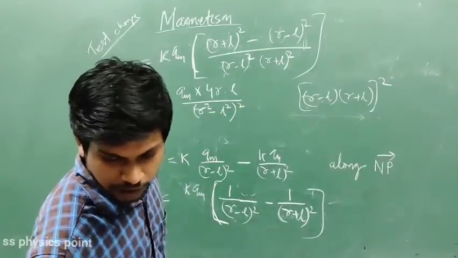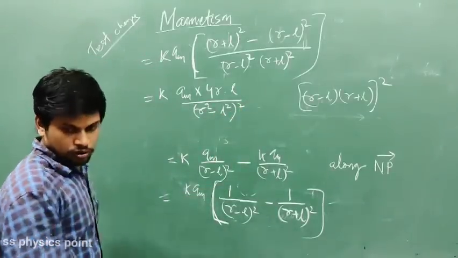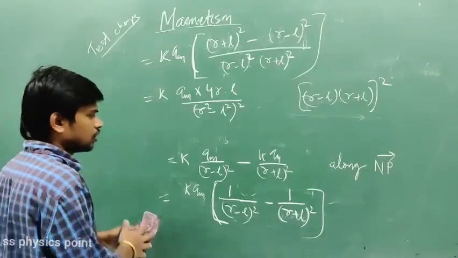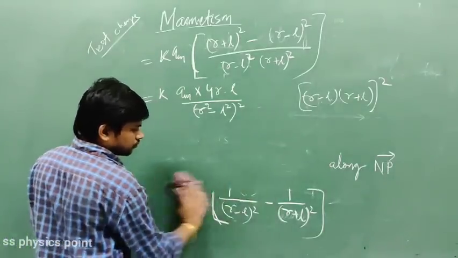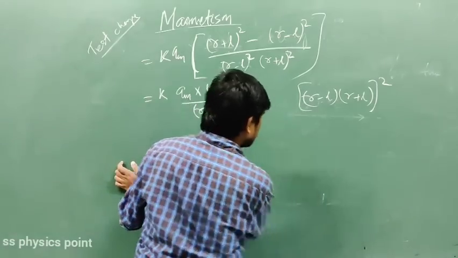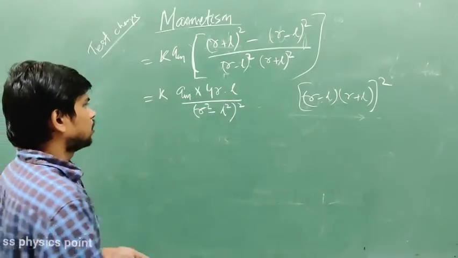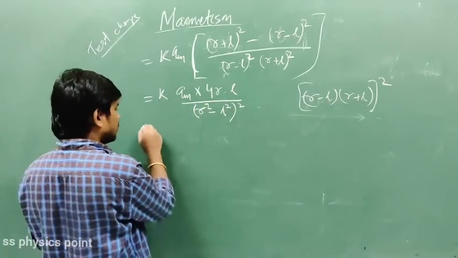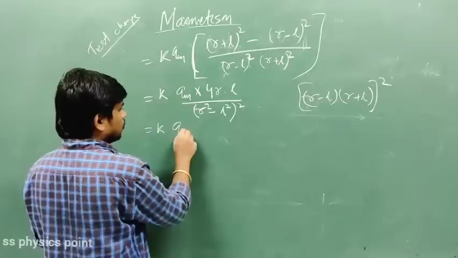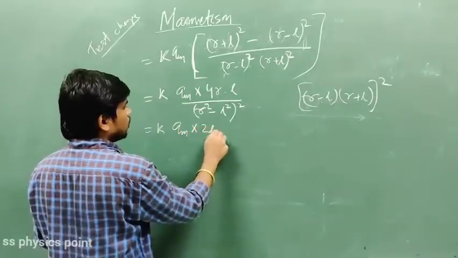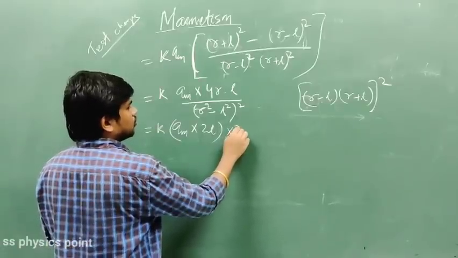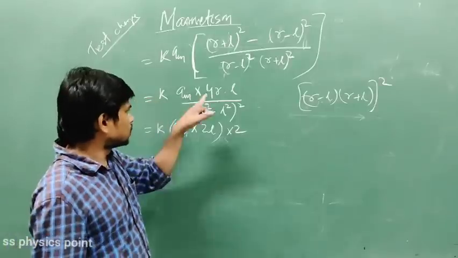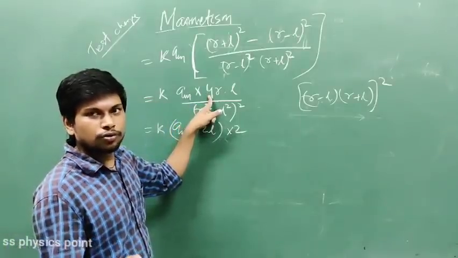This is simple mathematics. Then this one I am remaking. See here carefully. I am erasing this one. See here, this 4 you can divide. So K Qm into 2L into 2. Here this 4 I am dividing as 2 into 2.